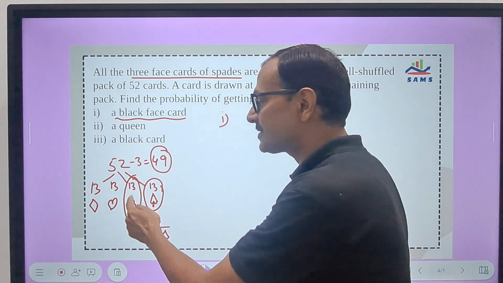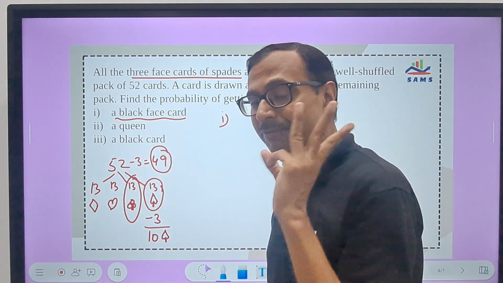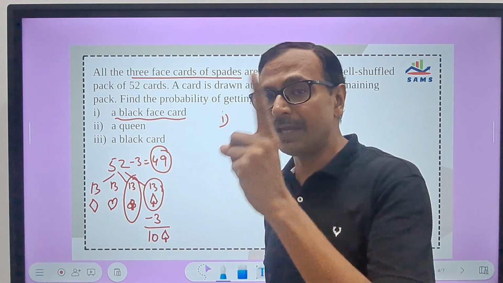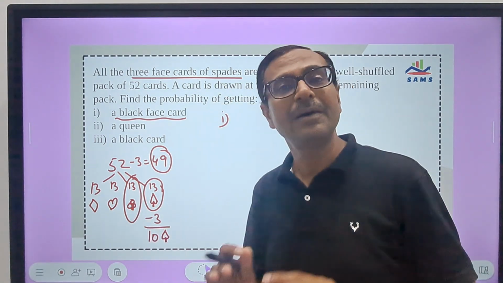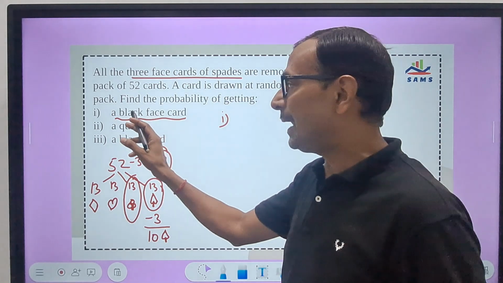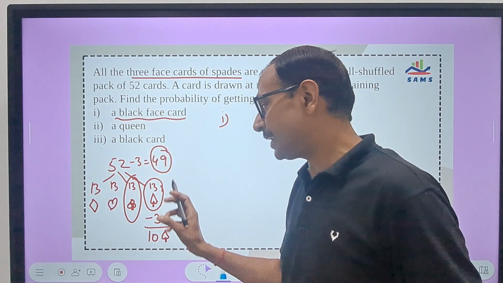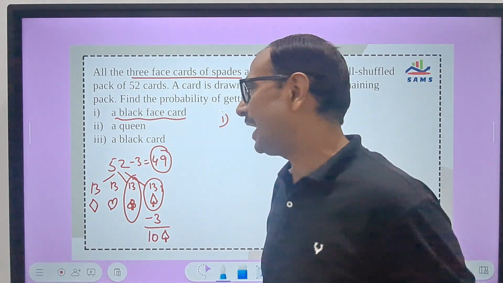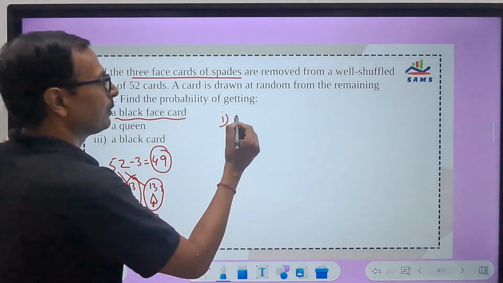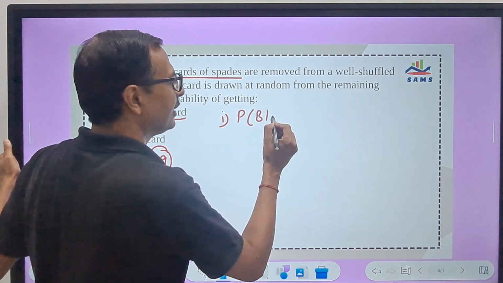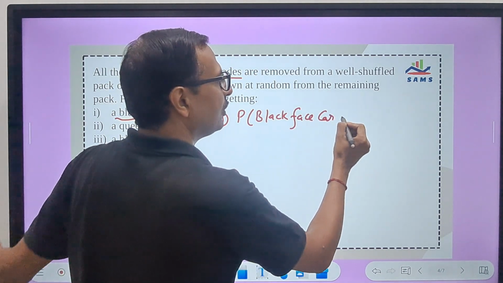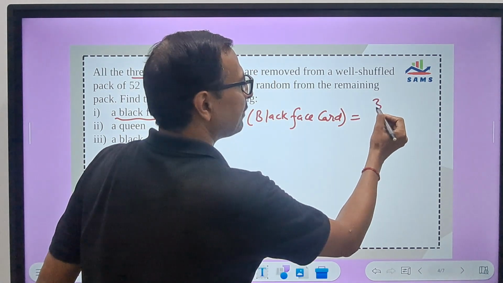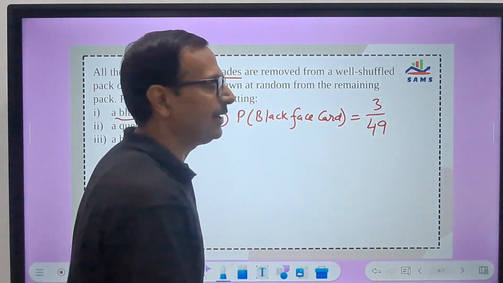How many face cards are black now? 3 face cards of clubs, king, queen and jack. And only those 3 are in the pack, which are black and face card, because the spades were removed. I hope you understand that. So probability of getting a black face card now will be 3 favorable upon a total of 49.